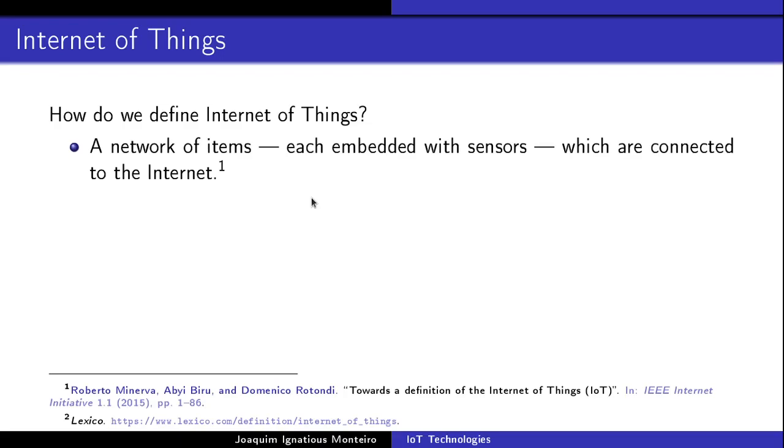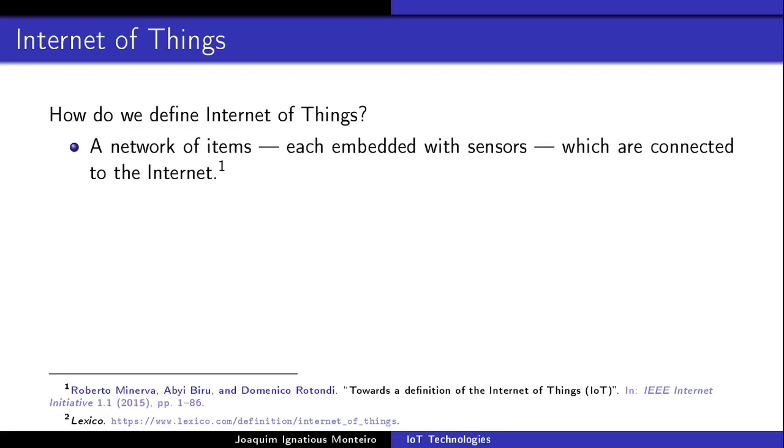So always there is a connectivity to the internet. That aspect is very much involved in Internet of Things, and we are talking about anything that could be connected to the internet. It could be a pencil, it could be a desk, it could be a car, it could be a machine, anything.